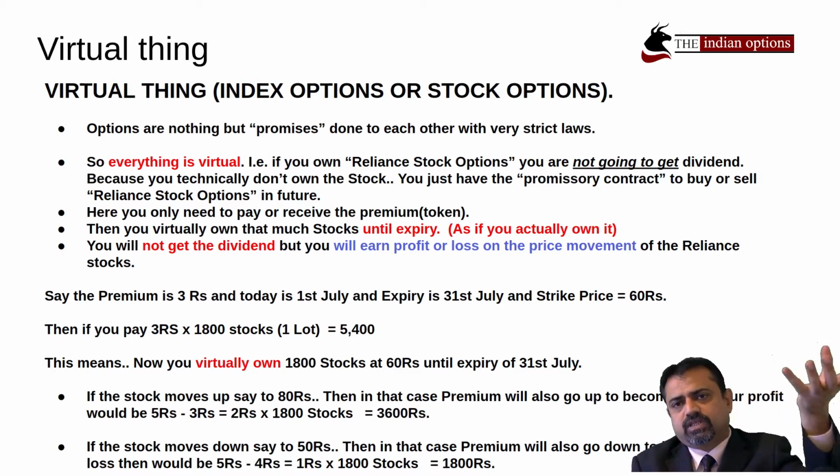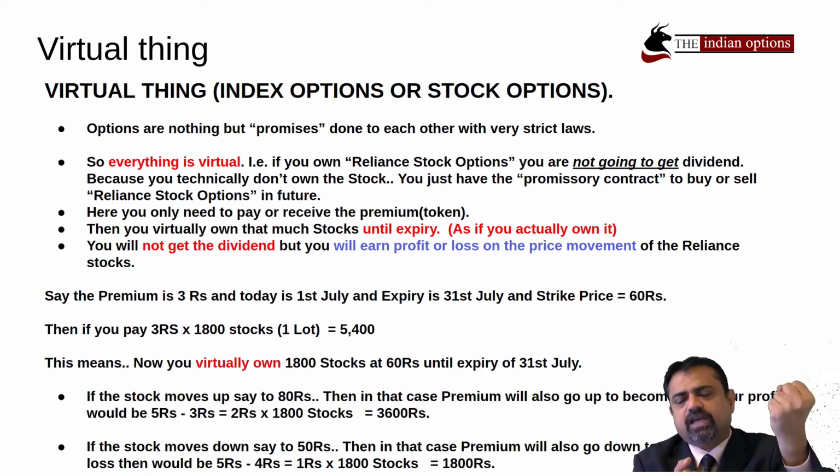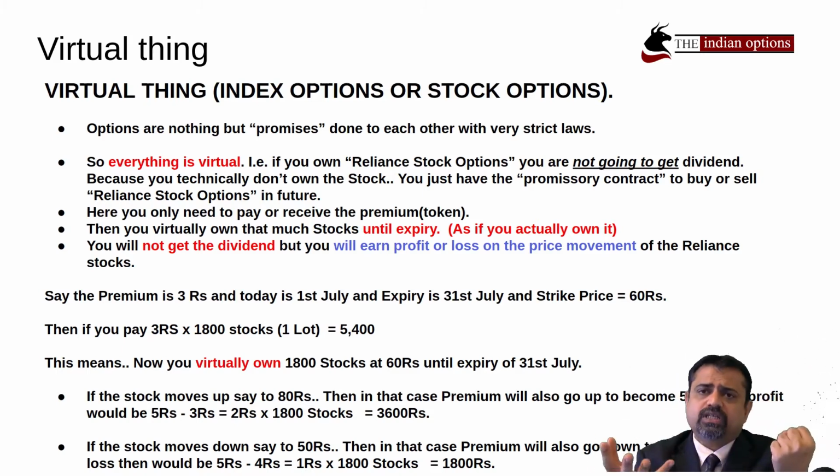Now see the difference. In the first case, in the physical thing, you needed 1,08,000 in order to get 1800 stocks. In options, you have to pay only 5,400, and you are going to get the same amount of stocks, but they are virtual, and it has a time limit. It has a time limit of say 1 month, or until expiry.